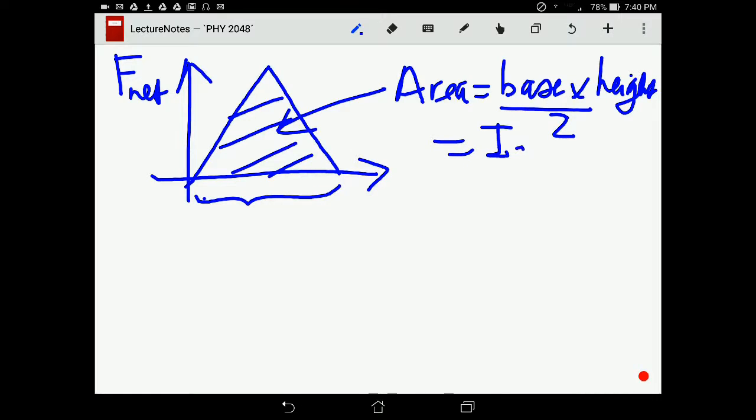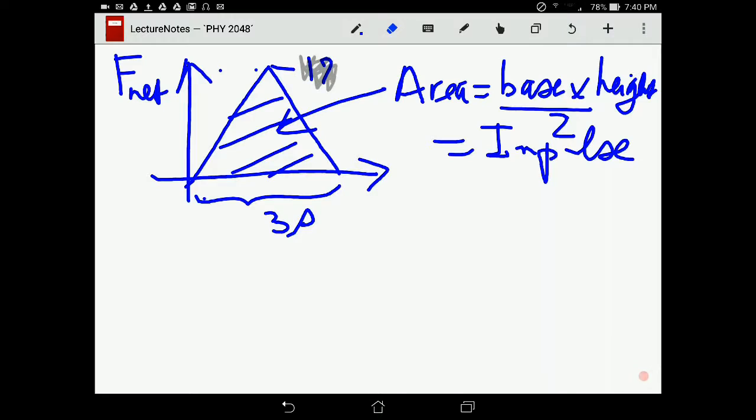So let's run through a quick numerical example just to solidify those notions. Suppose, for instance, that we have a case where the time here is 3 seconds, and the peak value here is, no, let's make it 8 newtons.